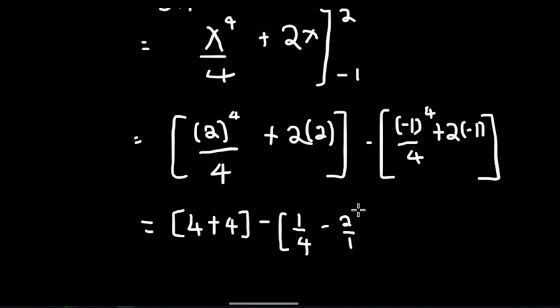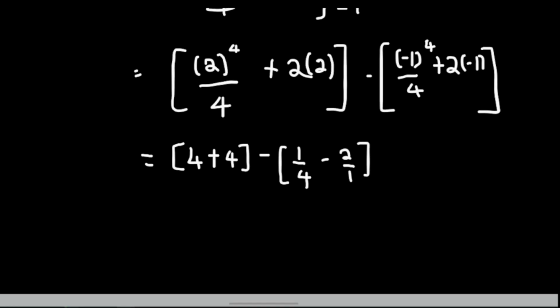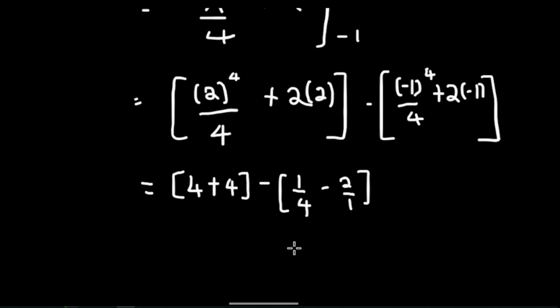So once we work out that fraction, let's work it out together. Here we find a common denominator, 4 into 4, so that will be 8, and we'll have -7 over 4. So here we'll have 8 minus 7 over 4.